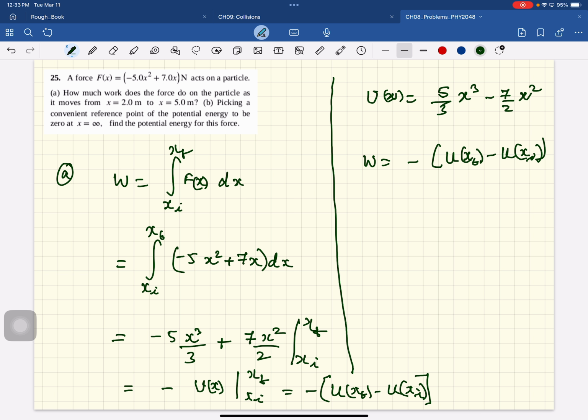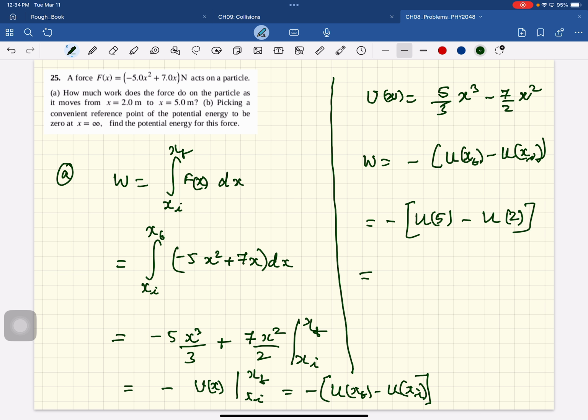There's the potential energy function U(x). Let's evaluate this at these two points. X final is 5 meters, x initial is 2 meters. So the work done is minus U at 5 meters minus U at 2 meters.